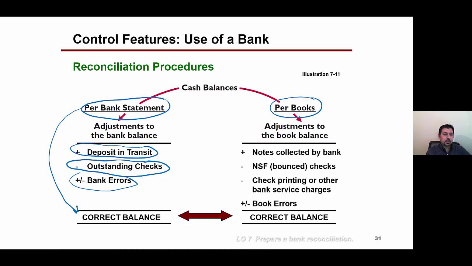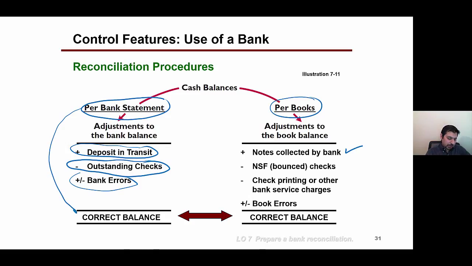On the other hand, the company's books must also include certain adjustments, because we also have notes receivable, for example, that the bank might collect on the company's behalf. So we need to add any amount of cash that is collected by the bank.